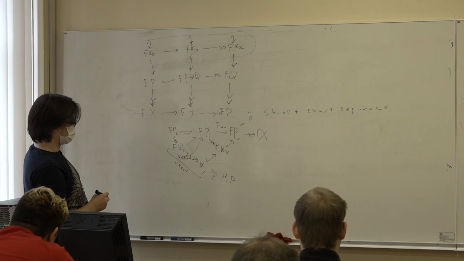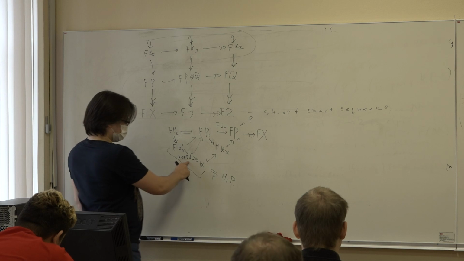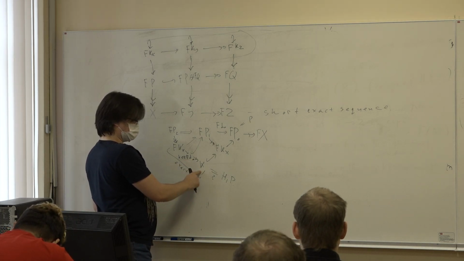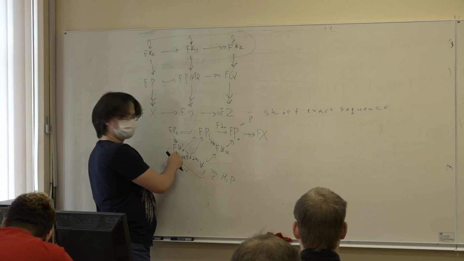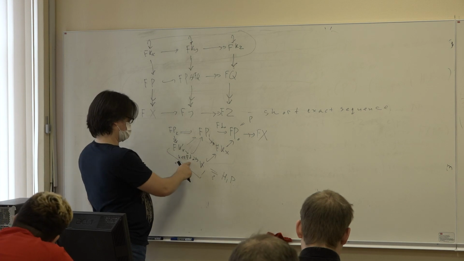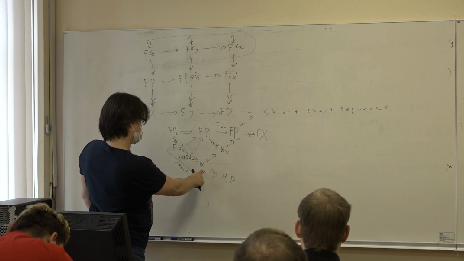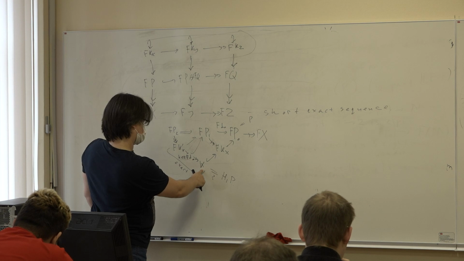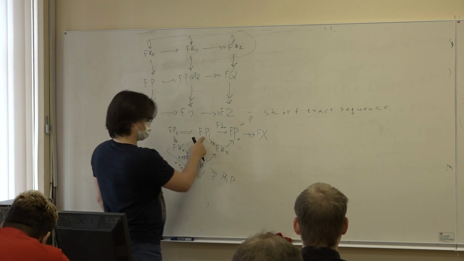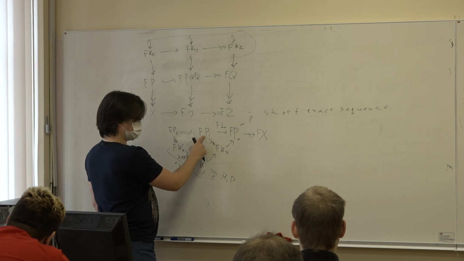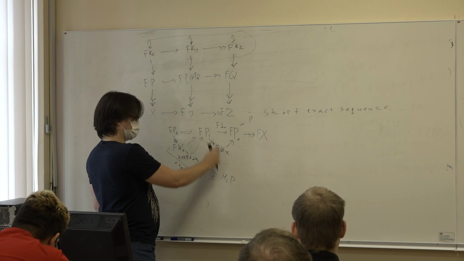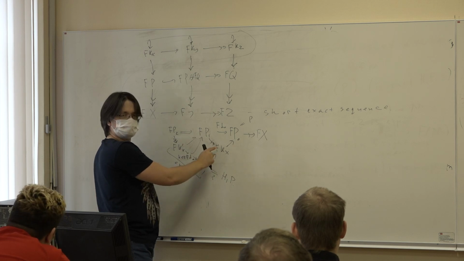We need to show that if we have some element in the kernel of fd0 that goes to 0 here, then it lies in the image of fkx prime. But if it goes to 0 here, this means that it goes to 0 here, so it is some element from here that goes to 0, but this sequence is exact.